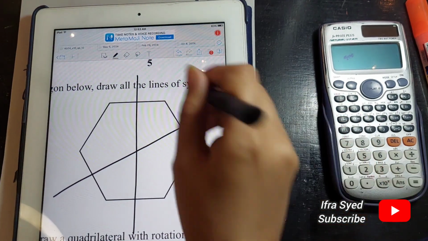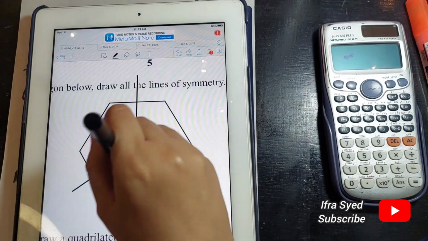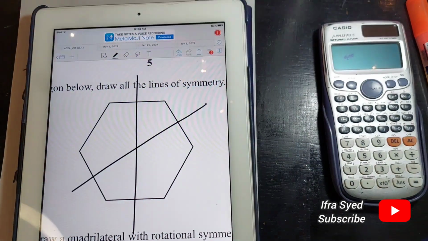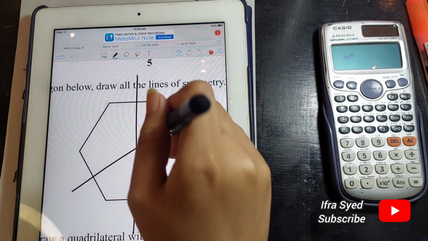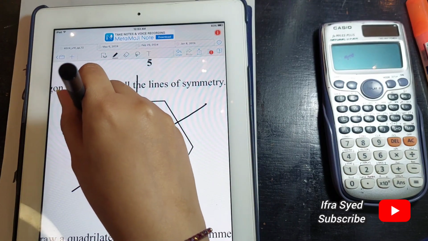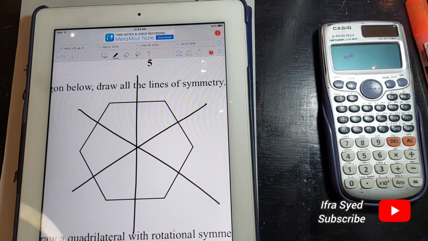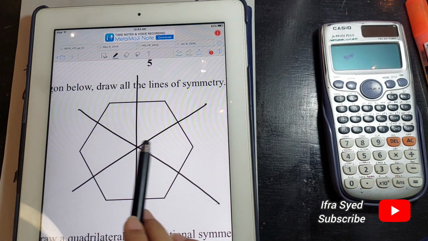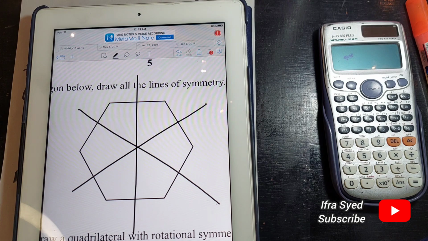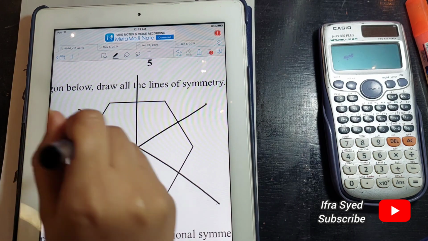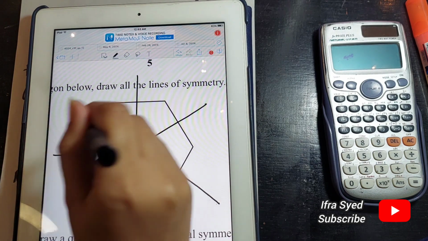I think it's not equal parts. You can easily draw this by using a scale. So I'm drawing another line of symmetry in it. Now you can easily see that it is identical from both sides. So we can also draw this line in it.